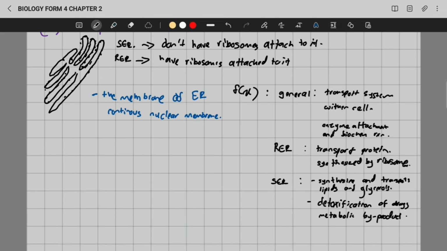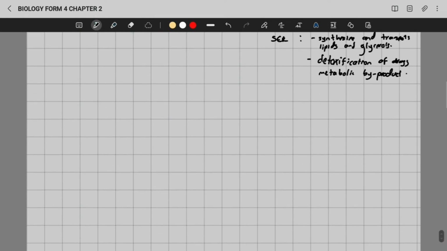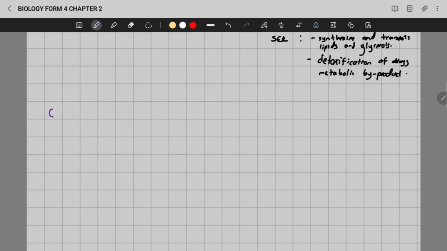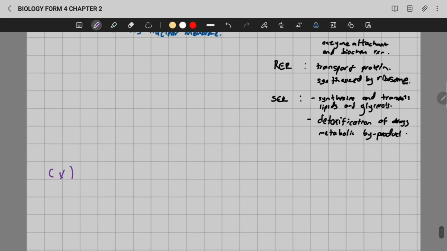Next, we have the vacuole. The huge one.